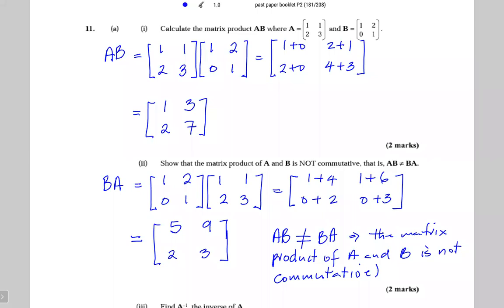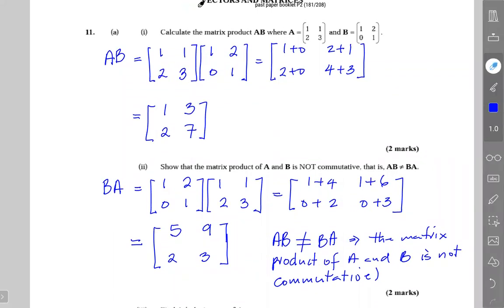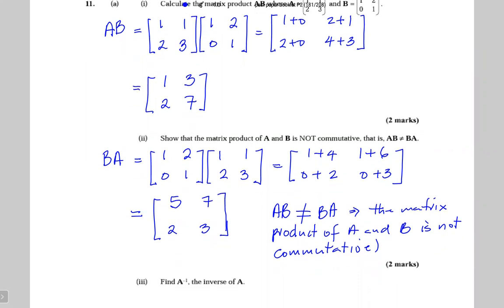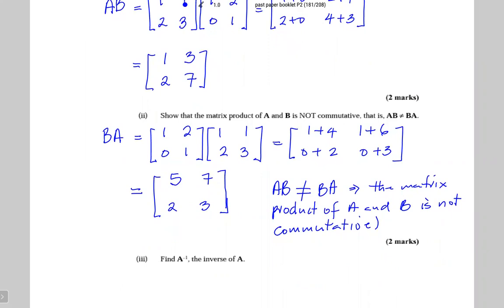This was 7. I don't know what's going on with me sometimes. So this should be 7. And in any case, they're still not equal. 1 times 1, 2 times 2, that's okay, fine. So since they're not equal, the matrix product AB and BA is not commutative.